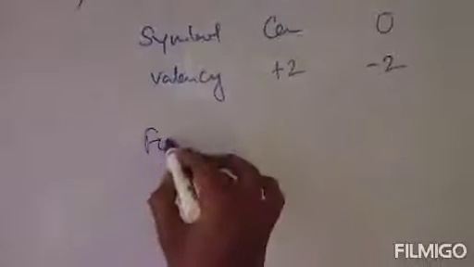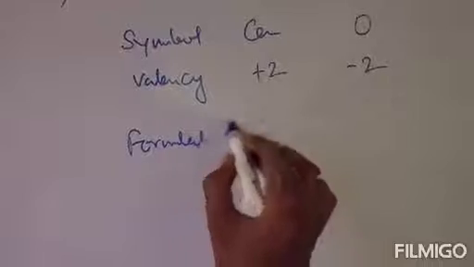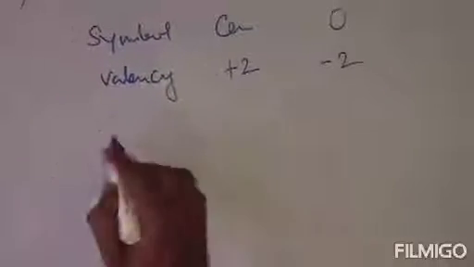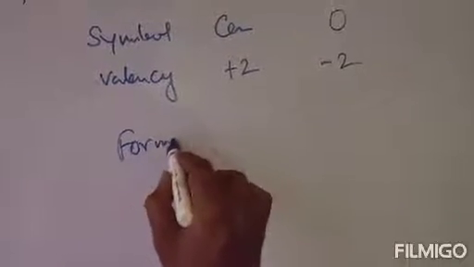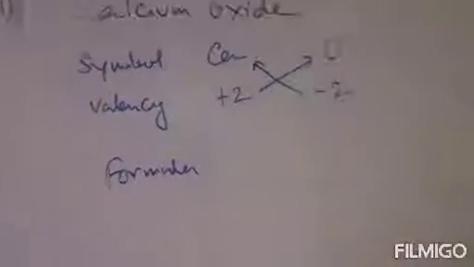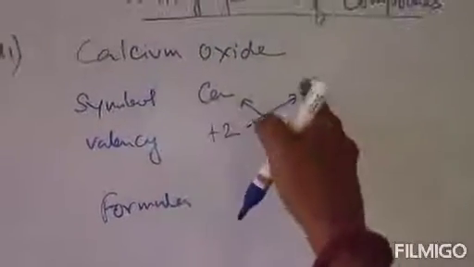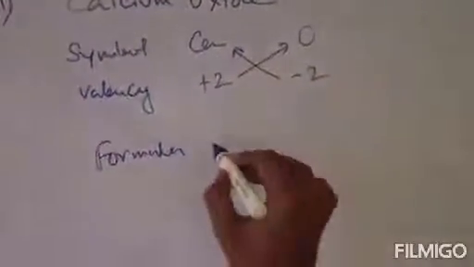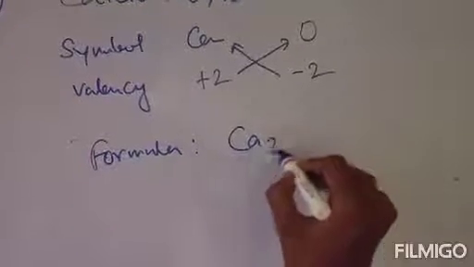Now the formula. So cross. That means Ca will take up the valency of oxygen, and oxygen will take up the valency of Ca. So the formula will be Ca2O2.